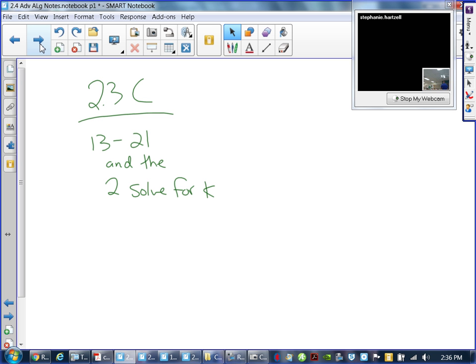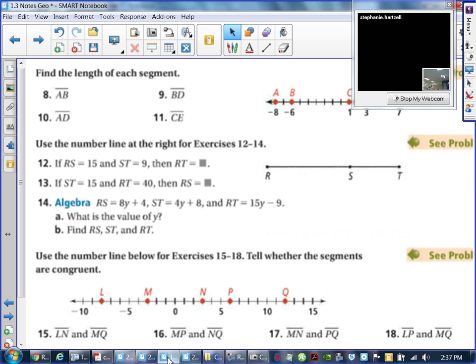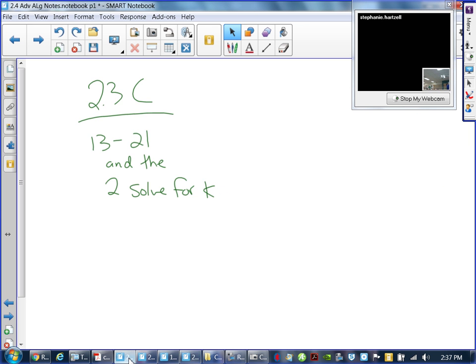We're not going to get into 2.4. What I want us to look at is that 2.3. Can you open that up? On this one, all I'm asking is that you do this middle chunk of the 13 through 21. The middle chunk of the 13 through 21 is asking you to find.